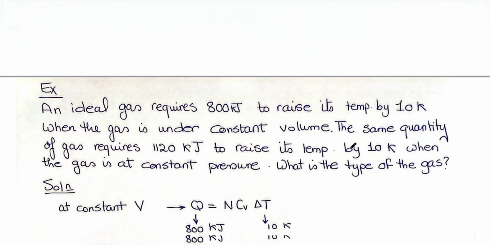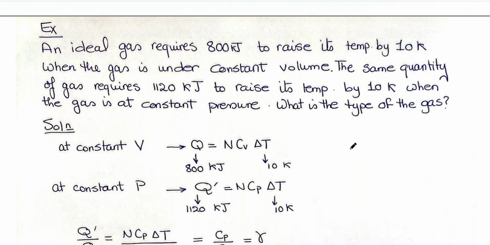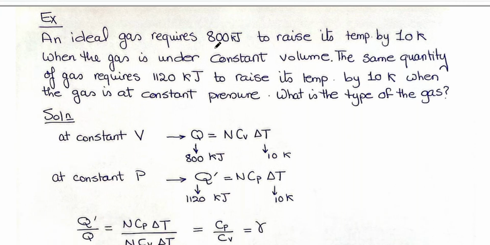Another example, it is given that an ideal gas requires 800 joules to raise its temperature by 10 Kelvin. So I need 800 joules to raise the temperature by 10 Kelvin under constant volume. I will write the givens in points. At constant V, Q equals NCV delta T. So this gas will take 800 kilojoules to increase its temperature by 10 Kelvin.